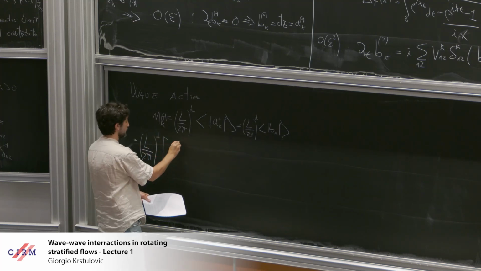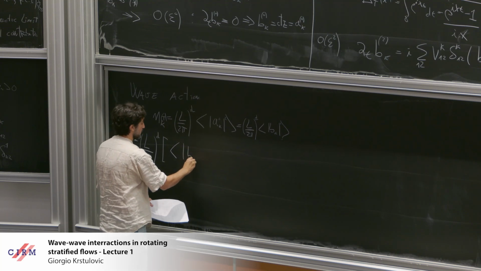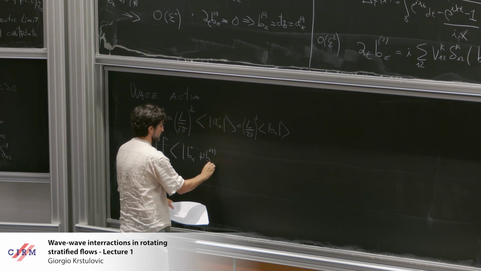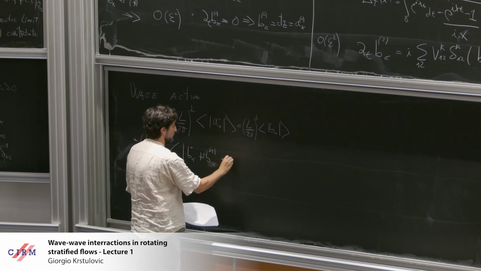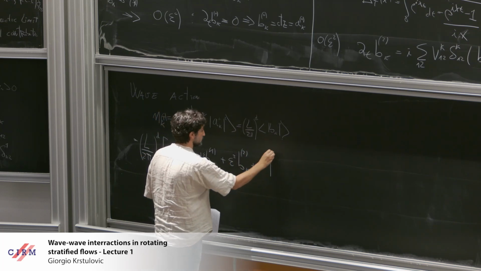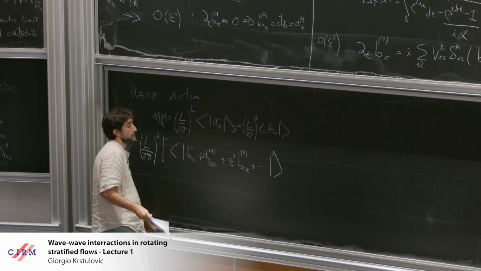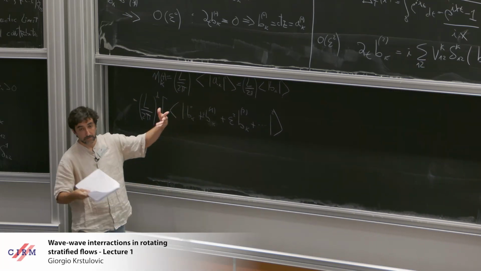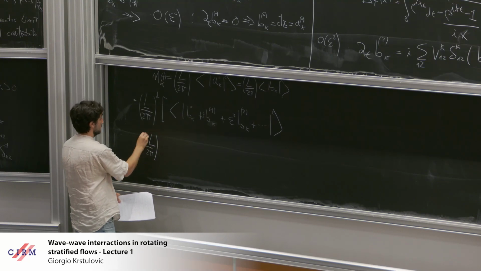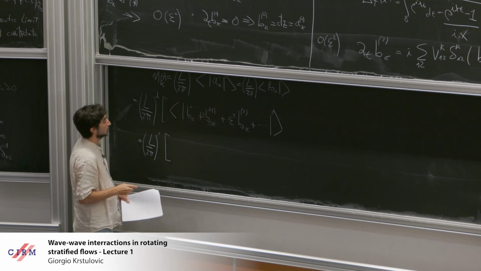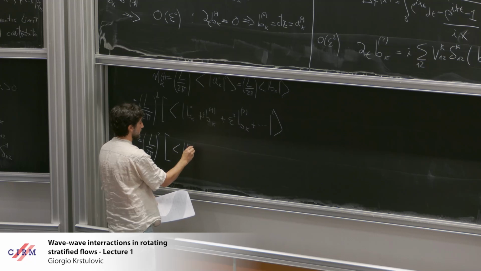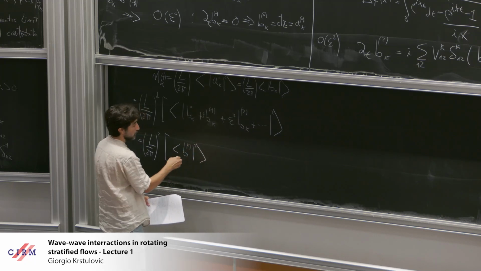And I expand the b's. So the b's is b0, b_k 0, squared, and this I can still develop. So at order 0 I simply get b sub 0, which I know.